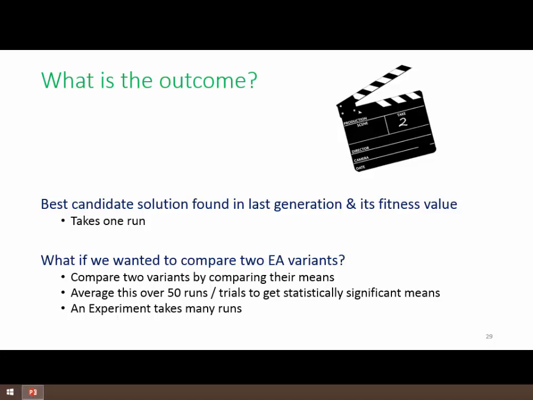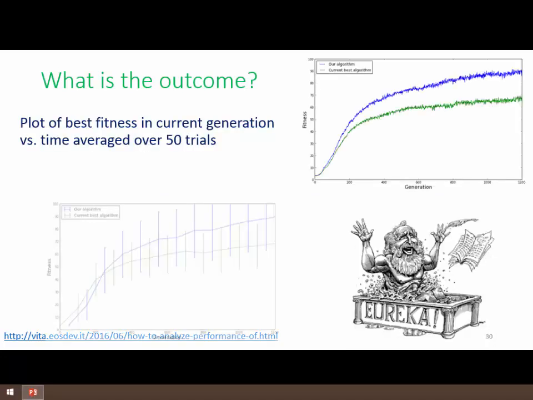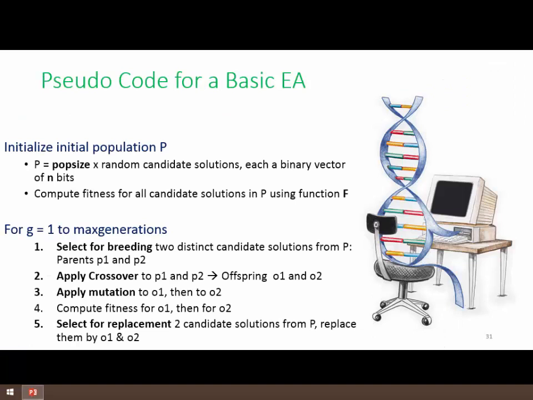And then for 1 to max generation, which is going to be another parameter: select 2 parents, we call them parents, 2 individuals from the population for breeding, P1, P2. Then apply crossover to P1, P2, you get offspring, O1, O2. Then apply mutation to O1, and separately apply mutation to O2. So you see how we have functions, methods that kind of sketch out here.